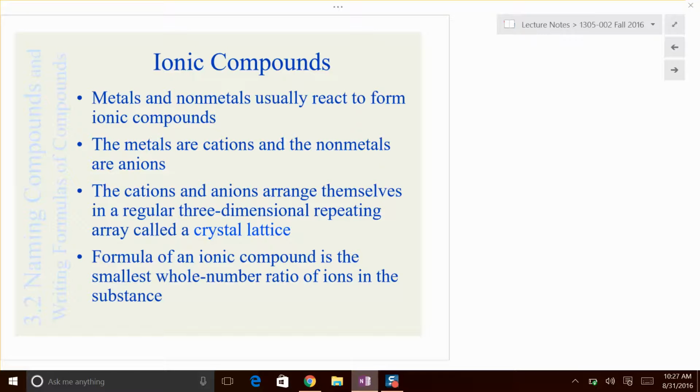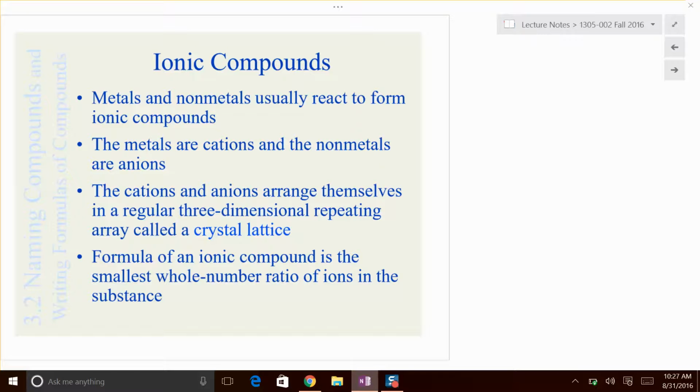I look at the compound. If it starts with a metal, it's an ionic compound. The metal, the first element, is the cation. You should understand that we always write the cation first. Cation goes first, the anion goes second.